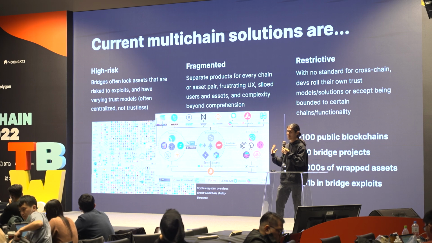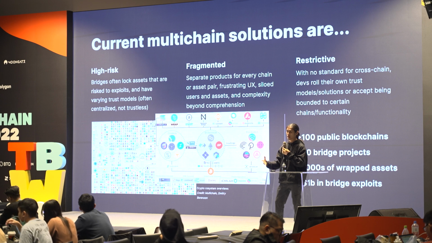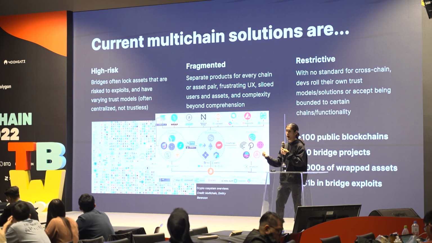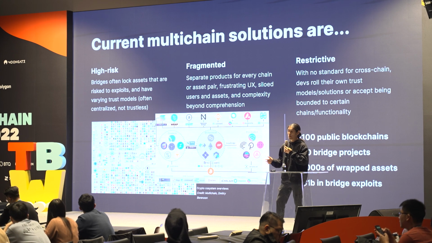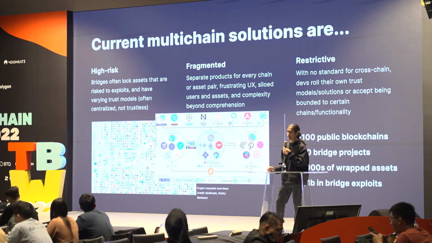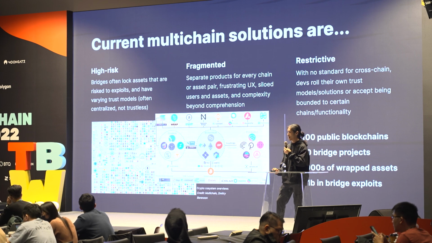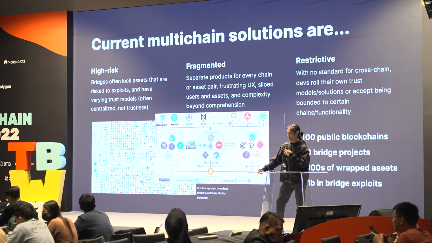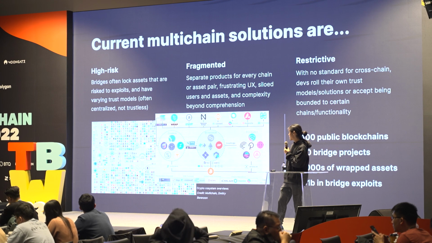The classic bridge is everyone deposits Ethereum to a vault on Ethereum, and then the solution, the middleman, mints wrapped versions of that asset, so wrapped ETH on Solana. What happens is that vault is increasingly a honeypot to attack. You saw that in the Wormhole situation, where it got to a point where it was ripe for the taking in a lot of ways and ended up being compromised. So it increasingly puts users at risk.